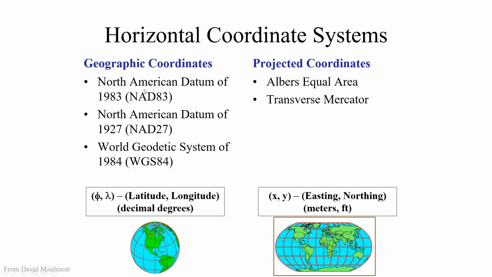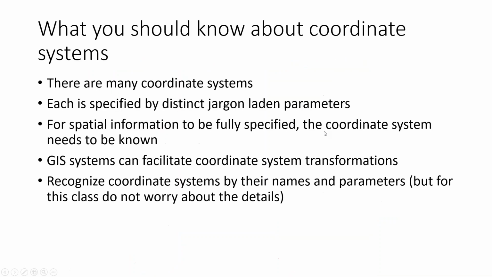You've got geographic coordinates that need a horizontal Earth datum, things like the ones I mentioned previously, as well as projected coordinates where you may have XY coordinates, sometimes referred to as eastings and northings, east from the origin and north from the origin, in units of meters or feet. And they have names such as Albers equal area or transverse Mercator, depending on the specific technique used for representing the curved Earth as a flat surface.